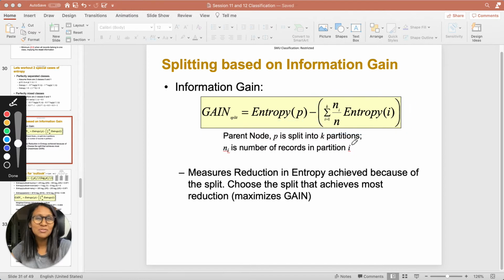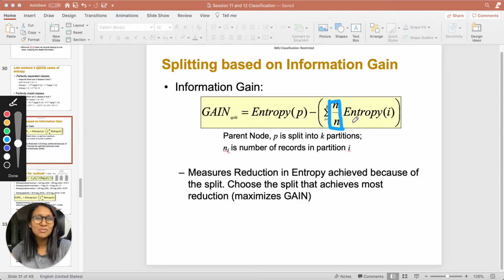If you have created k partitions, that means you have split the parent node into k child nodes, then in each node after splitting, you find the number of records in that partition, and you use that Ni, which is the number of observations in the given node, divided by the total number of observations in the parent node, and that's going to be the weight for a given node.